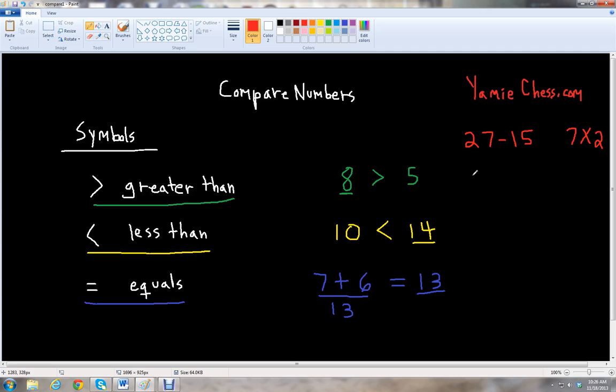So we do 27 minus 15. Let's see, 7 minus 5 is 2. 2 minus 1 is 1, so 27 minus 15 is 12. And then when we do 7 times 2, that's like 7 plus 7. So adding 2 sevens, that would be 14. So we have values 12 and 14.